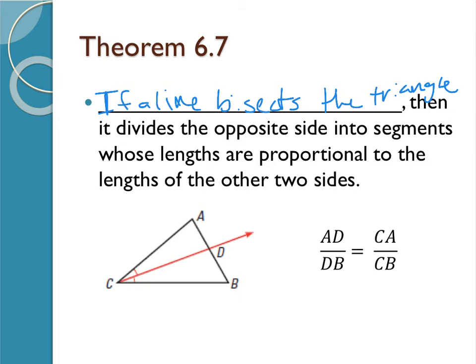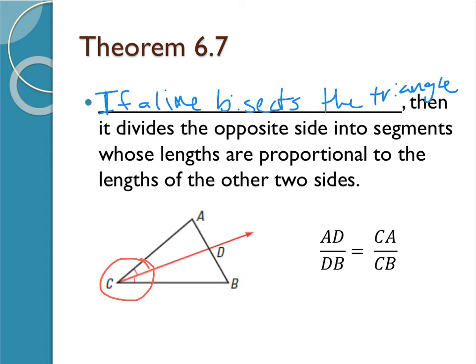What does it mean to bisect? Cut in half. So this line CD is cutting angle C in half, hence our 2 arc marks that we have in here. So in order to use this theorem, we need to have those 2 arc marks.